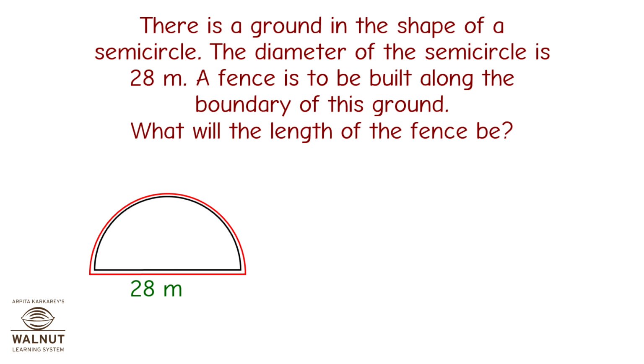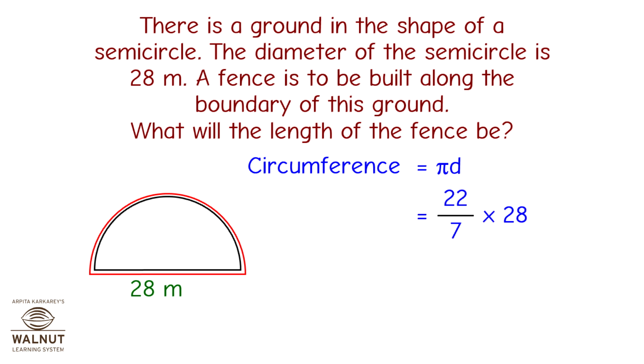Let's find the circumference of the whole circle first. Circumference is equal to pi d. Put in the values and we get 22 upon 7 into 28 meters. We simplify this and we get 22 into 4, which is equal to 88 meters. Now to get the half circumference, we will divide the circumference of the circle by 2.